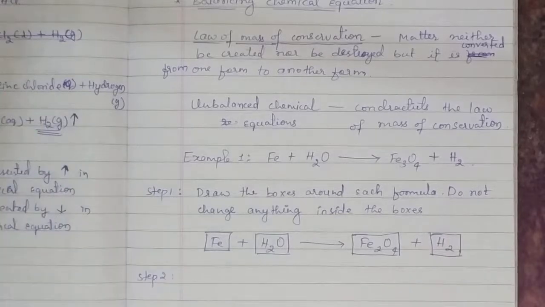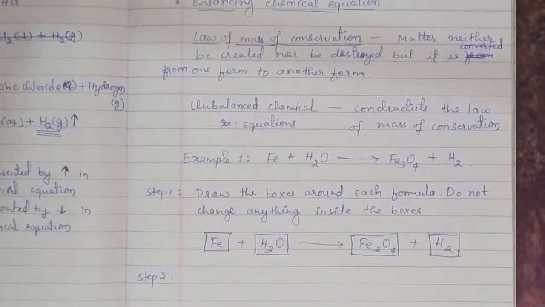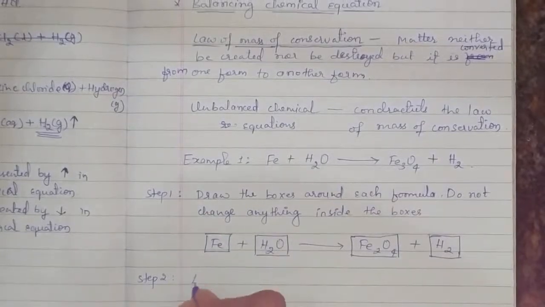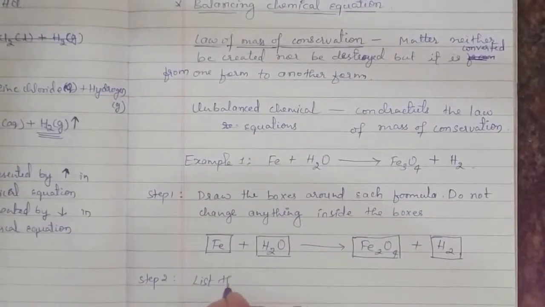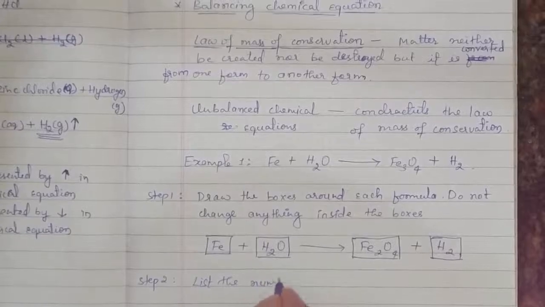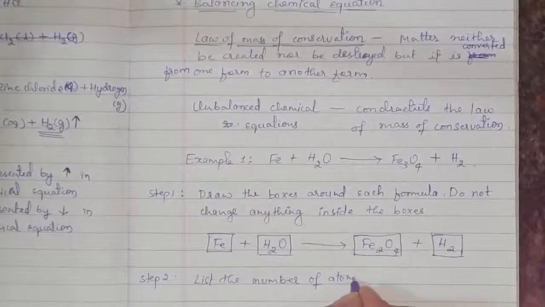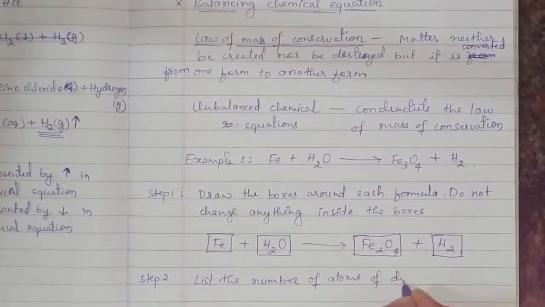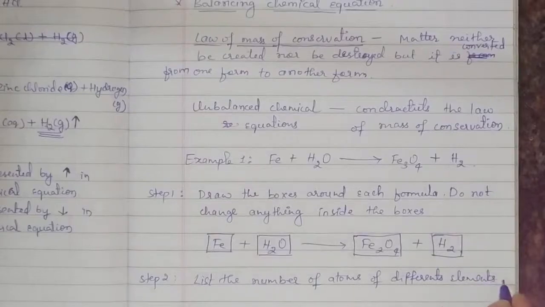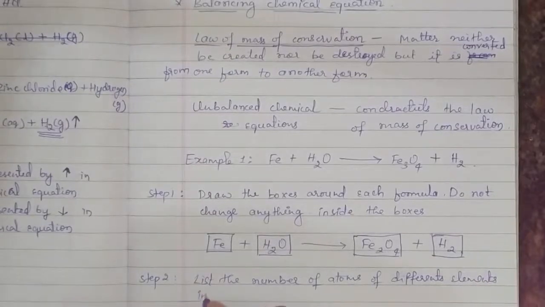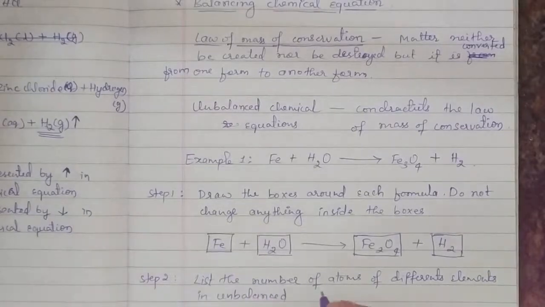In step 2 we have to list the number of atoms of different elements in the unbalanced equation.